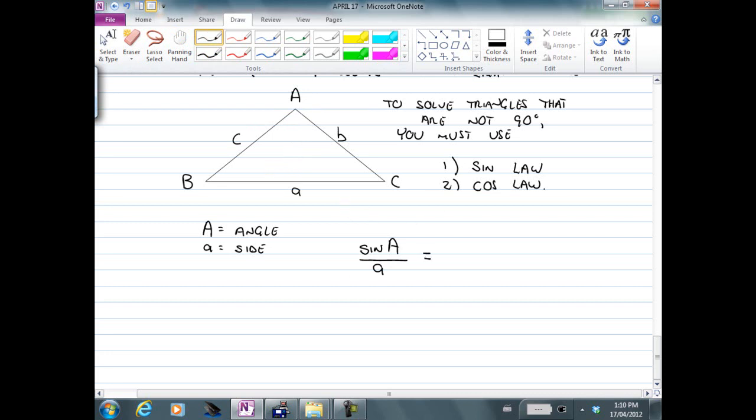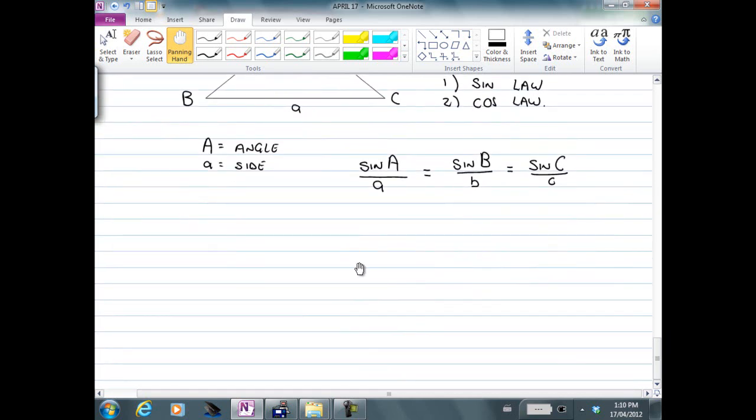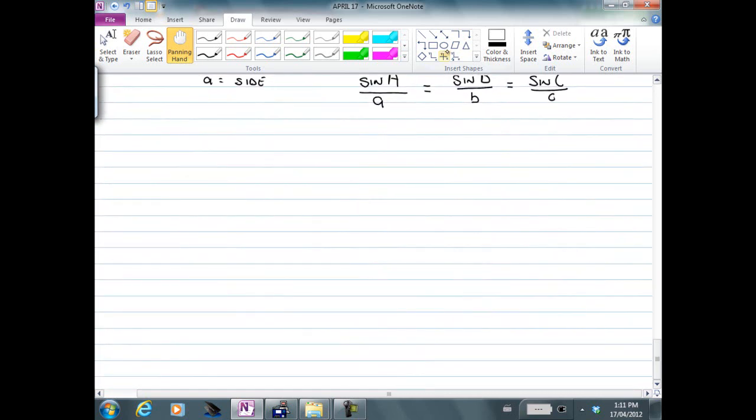You can say sine A over a, sine B over b. If you want, you can also choose C. But in reality, what I want you to focus on is sine of an angle over the opposite side equals sine of another angle over its opposite side. Potato, potato. Okay, let me give you an example.